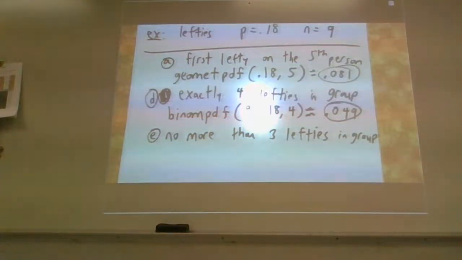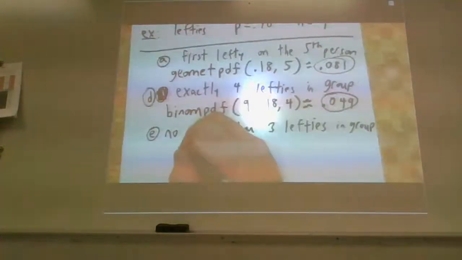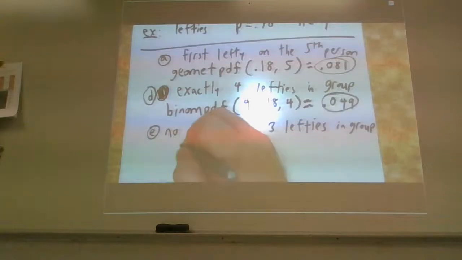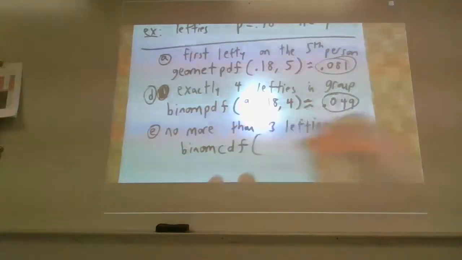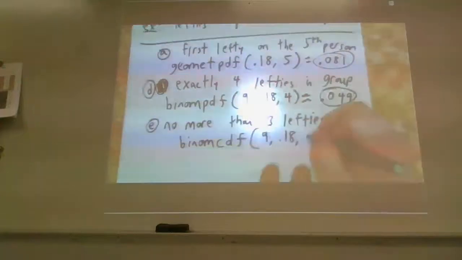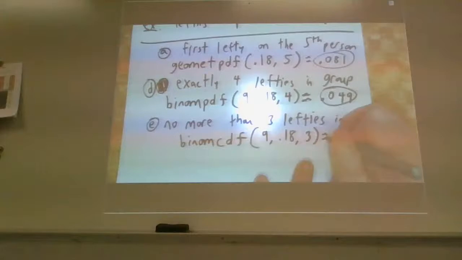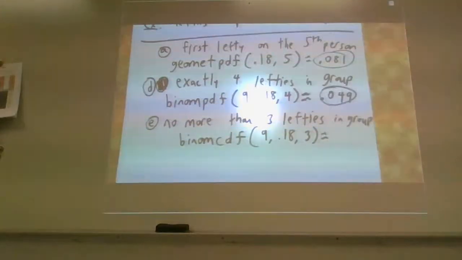If I do no more than 3 in the group out of 9, this is a binom CDF because it's cumulative. 9 trials, 18% chance, 3 or less. And then what it will do is calculate exactly 3, exactly 2, and so on, which is nice.